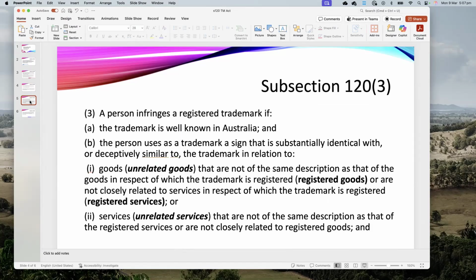Now, the last subsection, subsection 3, applies where there is a well-known trademark in Australia and a person uses a trademark as a sign in a way that is substantially identical with or deceptively similar to that well-known registered trademark.